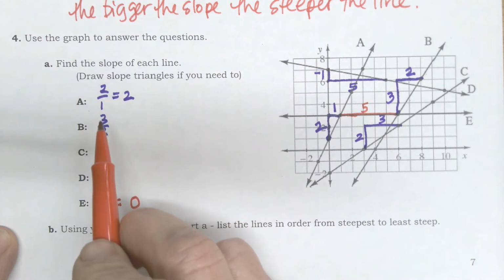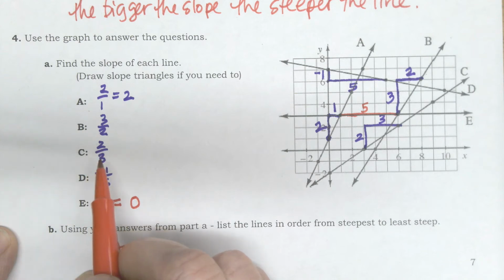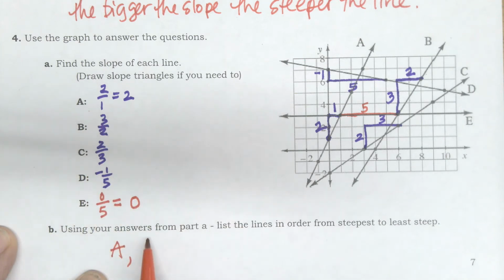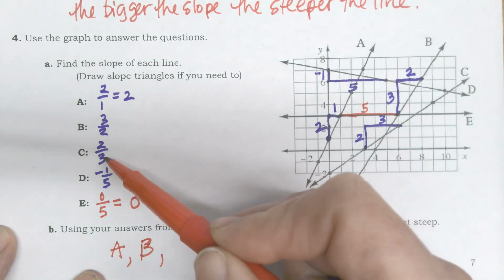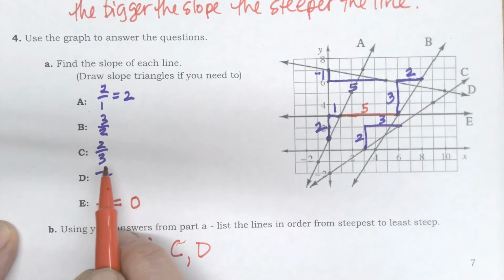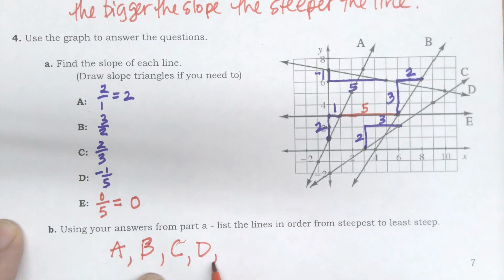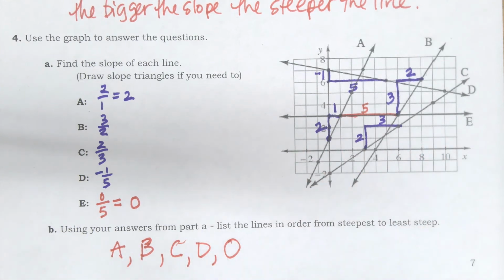And then 3/2 is less than 2, but more than 1 whole. And so 3/2, or line B, is the next steepest. And I'll work my way down. 2/3 is the next steepest. 1/5 is the smallest fraction. And then 0 has no slope at all. It's a flat line, so a 0 slope.